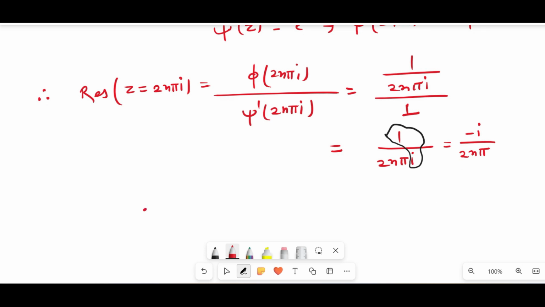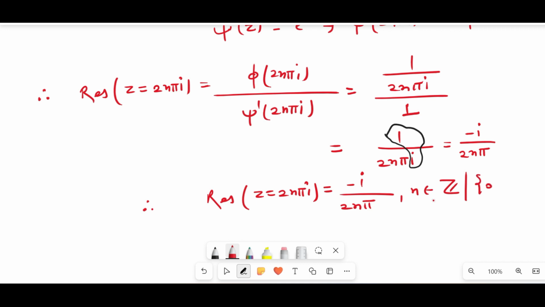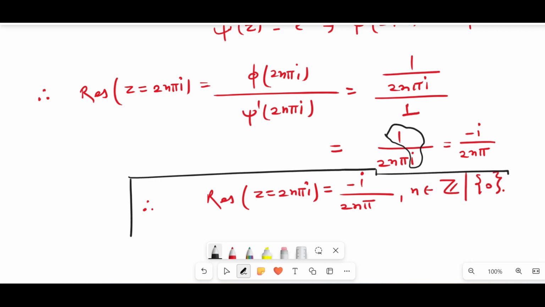So our final answer will be, that is, the value of residue at z is equal to 2n pi i is equal to negative i upon 2n pi, where n belongs to the set of integers except 0. So this is our required final answer.